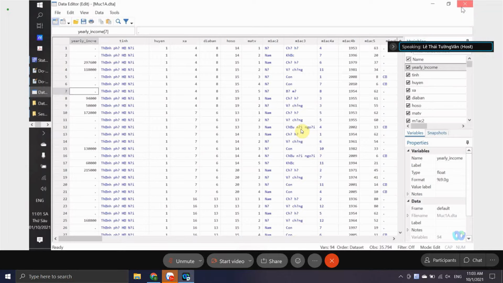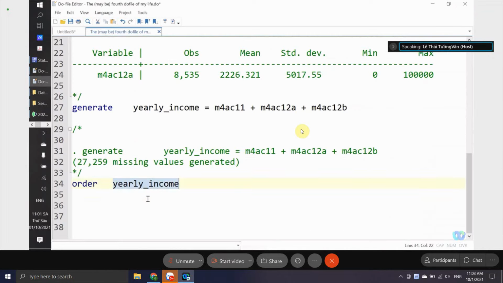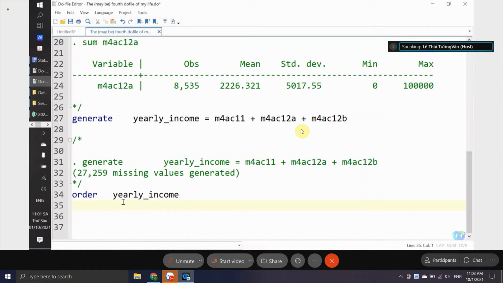Now, could you please all do the command sum yearly income? I want to check if the others are on the same page with me.